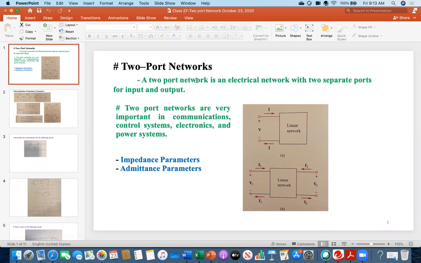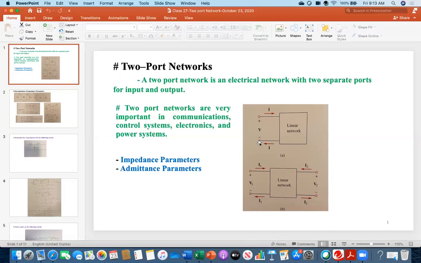So, the two-port networks. As I said, a two-port network is defined as an electrical network with two separate ports for input and output. For example, so far in most cases you have learned this type of circuit. You see, linear network, it is written, and you had two terminals.